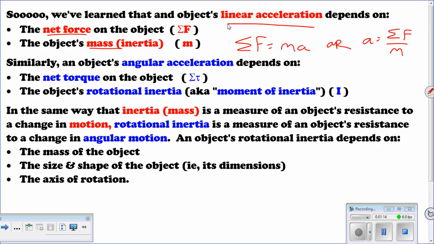But what if your net torque isn't zero? Well, we talked about this already: if your net torque isn't zero, then your object is going to rotate, and more importantly, it will accelerate how quickly it's rotating.